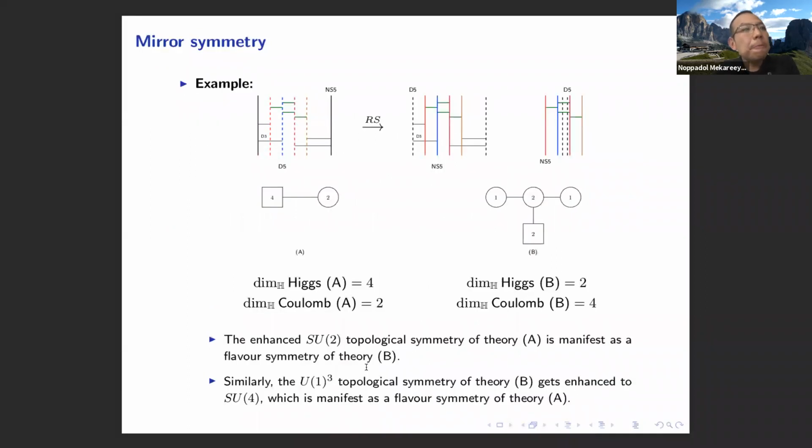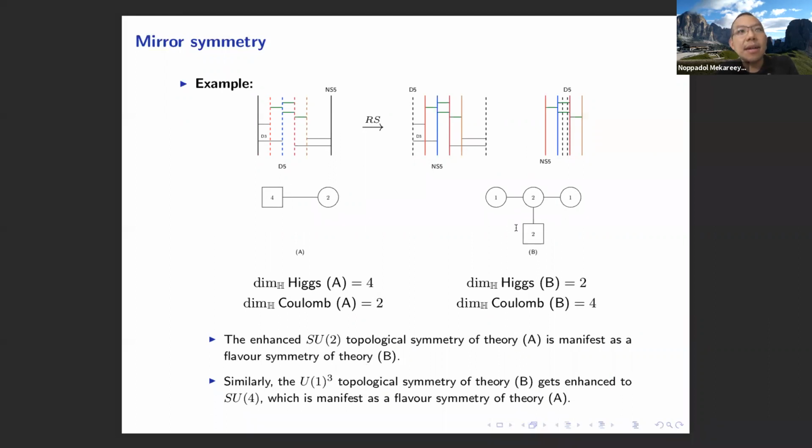So as an example, you can perform the RS operation on this brane system that turns D5 into NS5 and write down the theory that you can read off from the branes. So this is the U2 gauge theory with 4 flavors that I described on a previous slide.